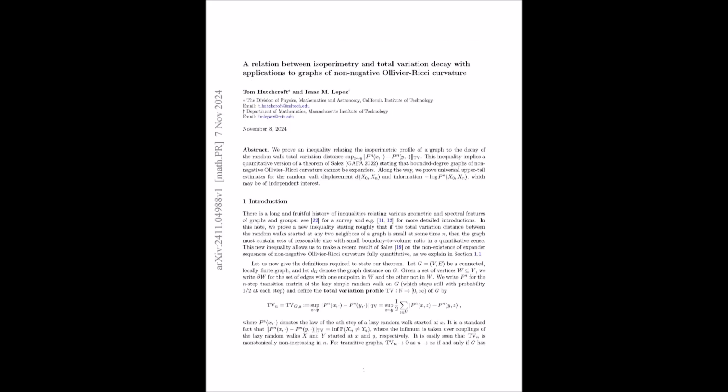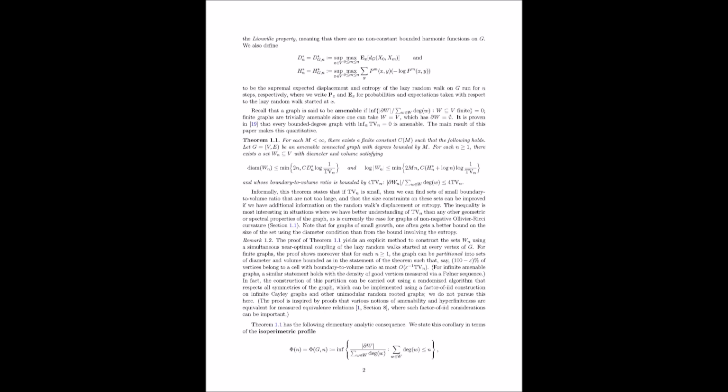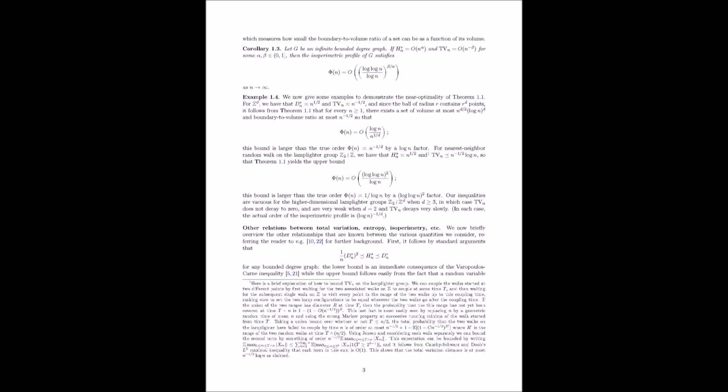I'm seeing the math there, but can you translate that into what it actually means for the shape of the graph? Yeah, so think of it this way. Even though these graphs have a natural tendency to form clusters, because the random walks on them like to coalesce and come together, they can't get arbitrarily tightly packed. There's a fundamental limit on how small the boundary of a set can be compared to its volume. So even with that gravitational pull, they can't just completely collapse inwards.